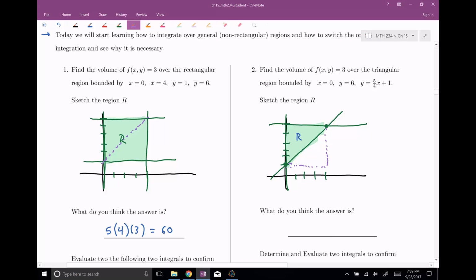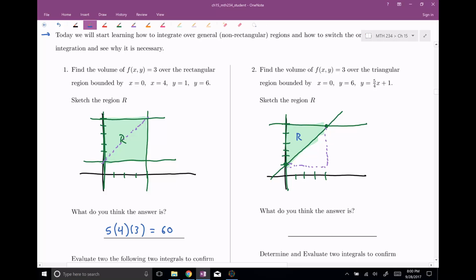So there we go. So if we had to guess, what is the volume, again, still under this surface, f of xy equals 3 over this region, well, you would suspect that it would be half as much as it was originally, right? You would suspect 30.